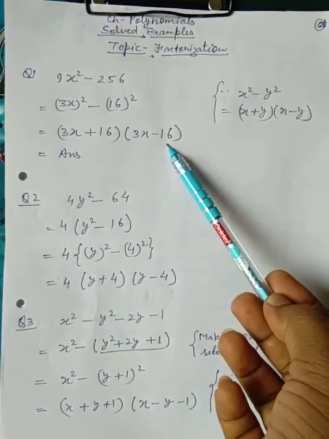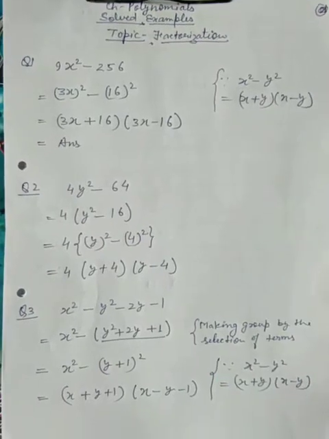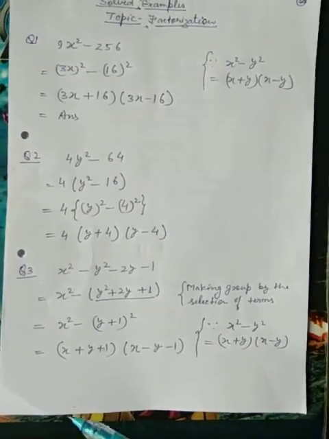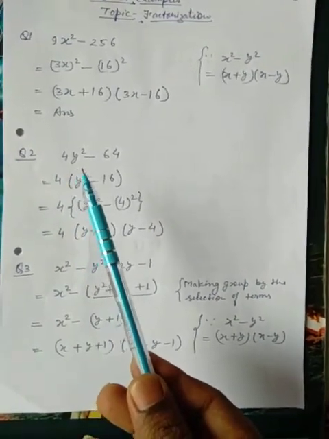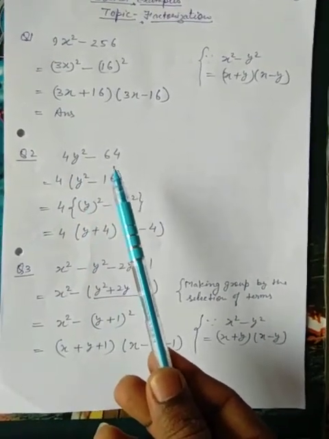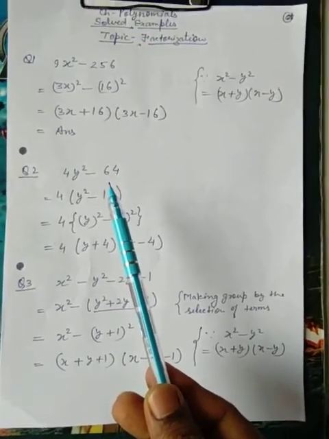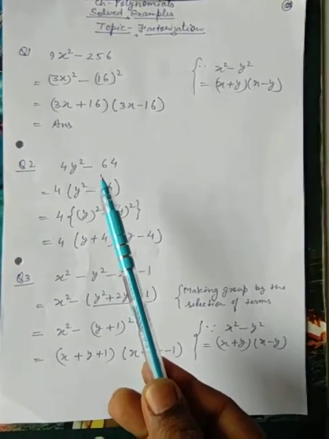This is one of the categories. Many different questions are given on the basis of the difference formula. So one of the questions is this. Again I took one more, question number 2: 4y square minus 64. Here two things are there. As I told you, before solving a question you should think about the common.